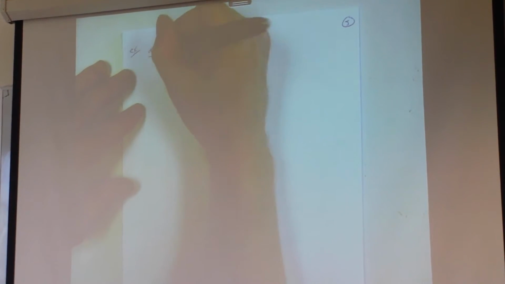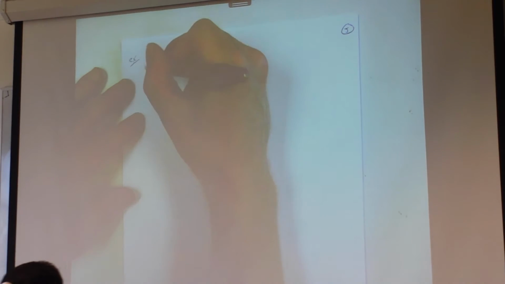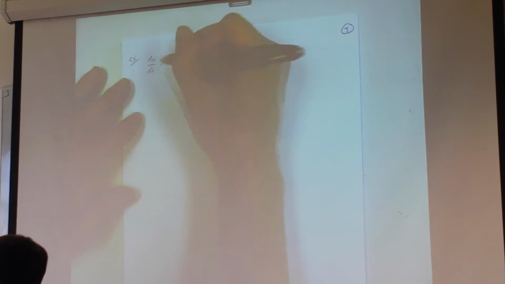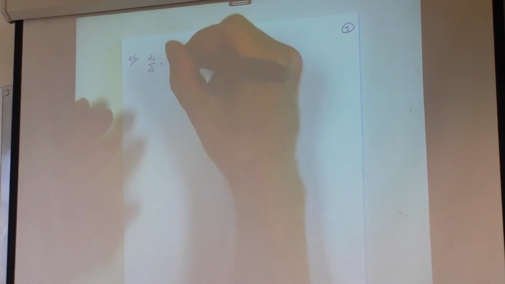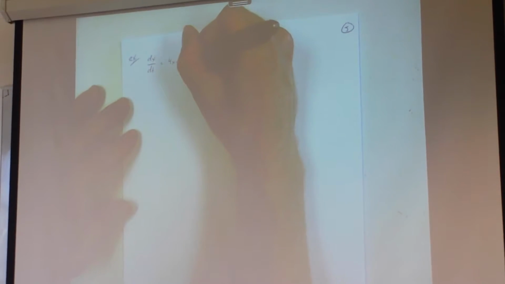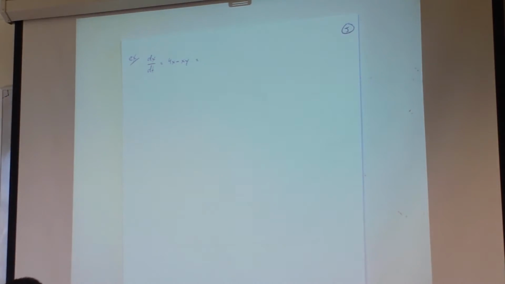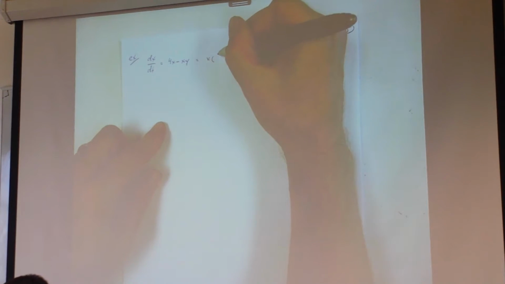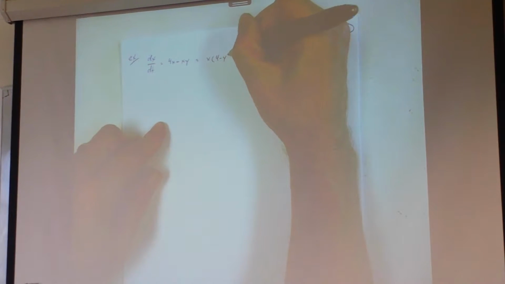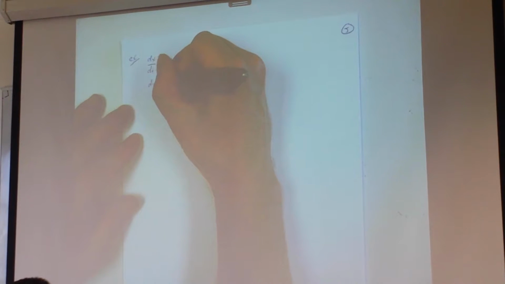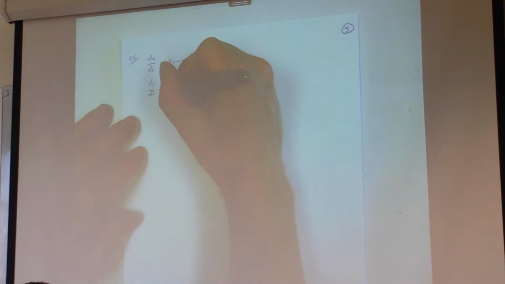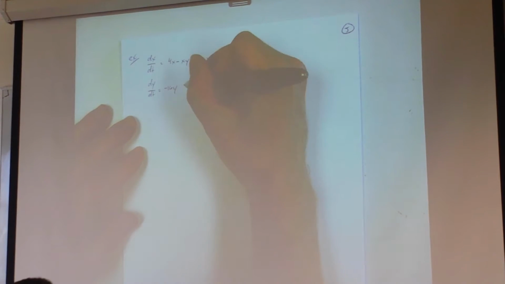All right. So let's do an example. Say we got the system dx/dt equals 4x minus xy. And if we factor that x out, you could write it as x times (4 minus y). And dy/dt equals negative 16y plus 2xy.